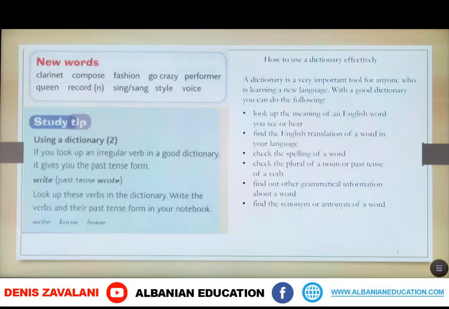You find the English translation of a word in your language. You check the spelling of a word. You check the plural of a noun or past tense of a verb. You find out other grammatical information about a word, and also you find the synonym or antonym of that word. So when you look a word up in the dictionary, you can find all this information about that word.